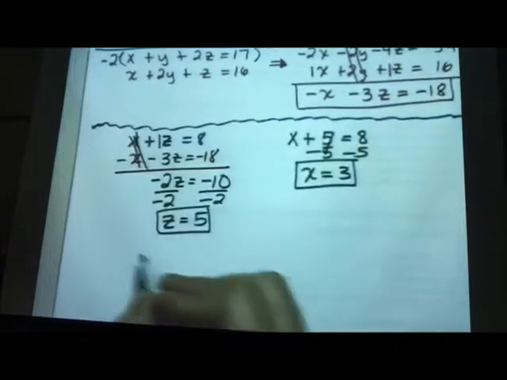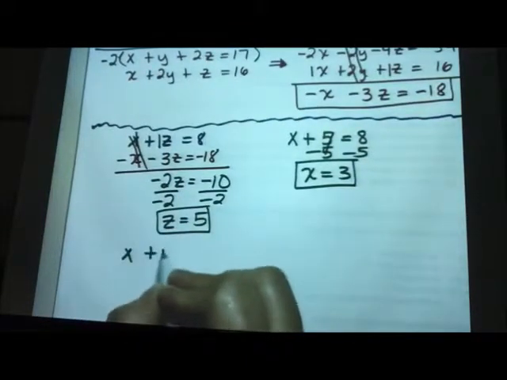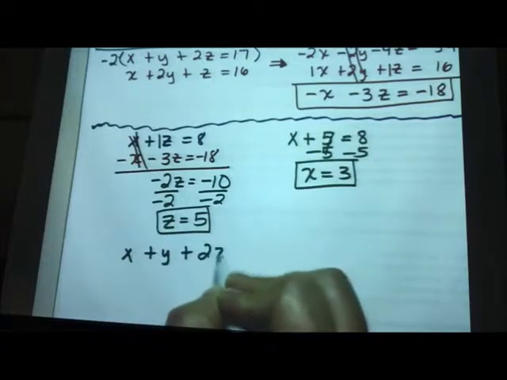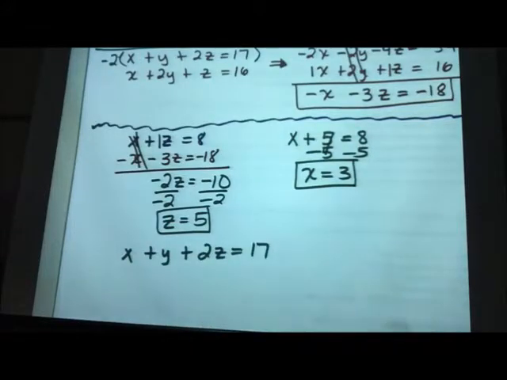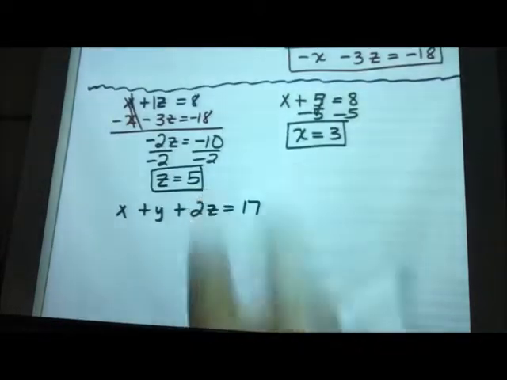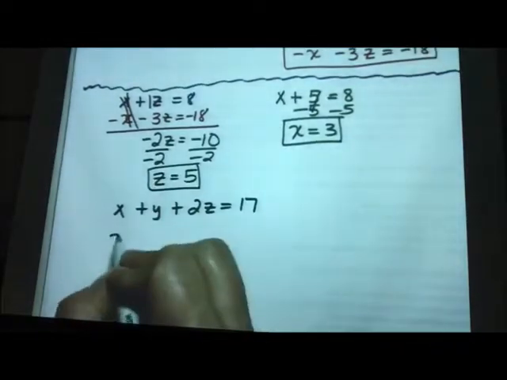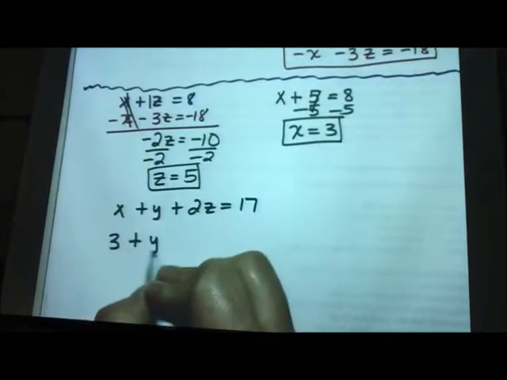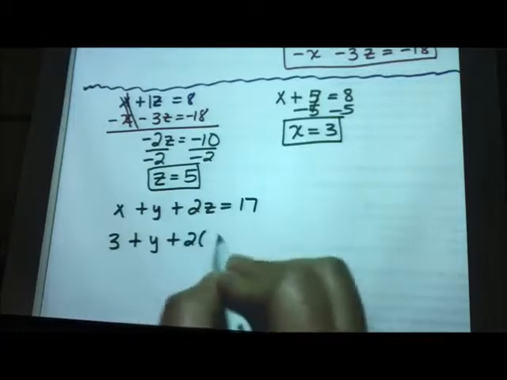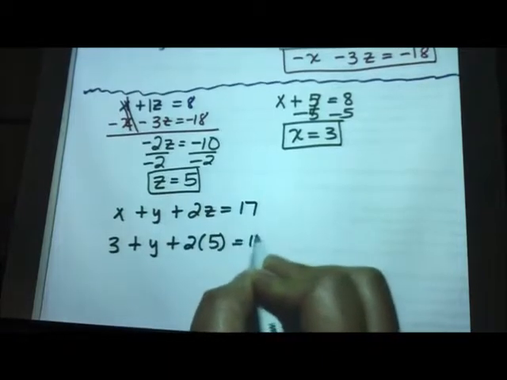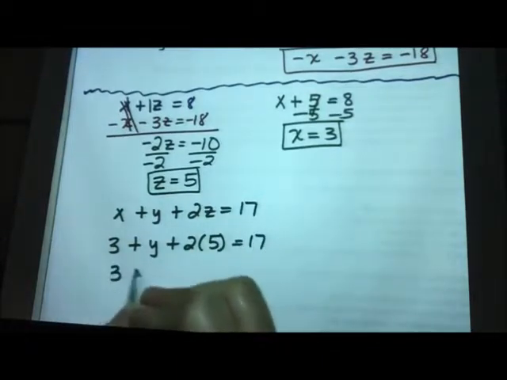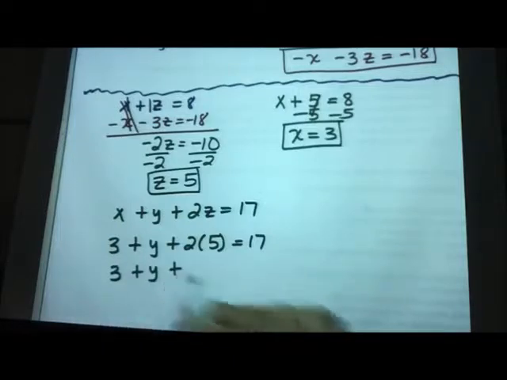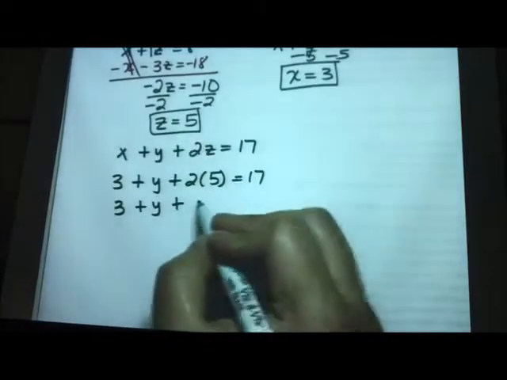And it's going to be x plus y plus 2z equals 17. So I'm going to substitute the two values that I know. X, that's a 3. I don't know y, so that stays y. 2 times 5 equals 17. 3 plus y. 5 times 2 is 10.